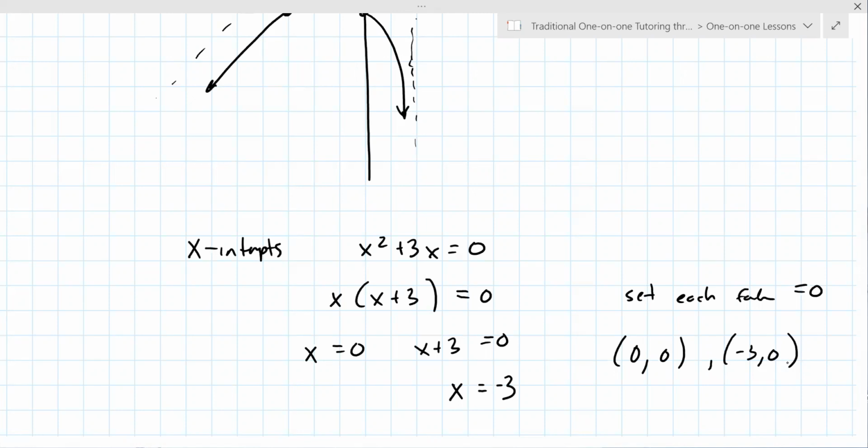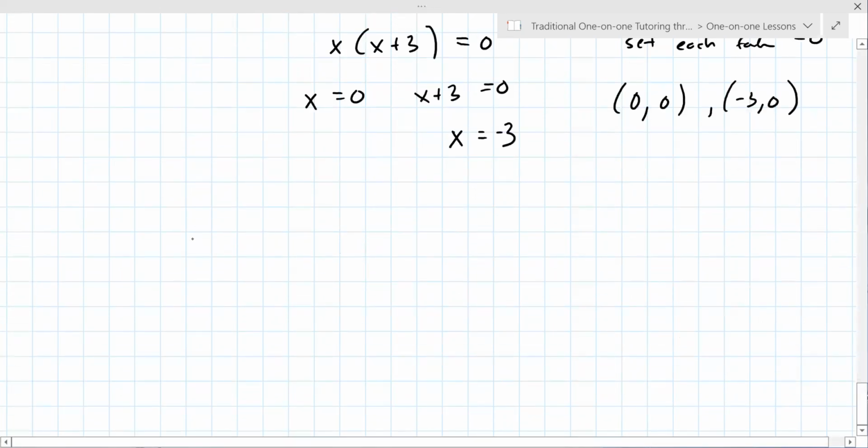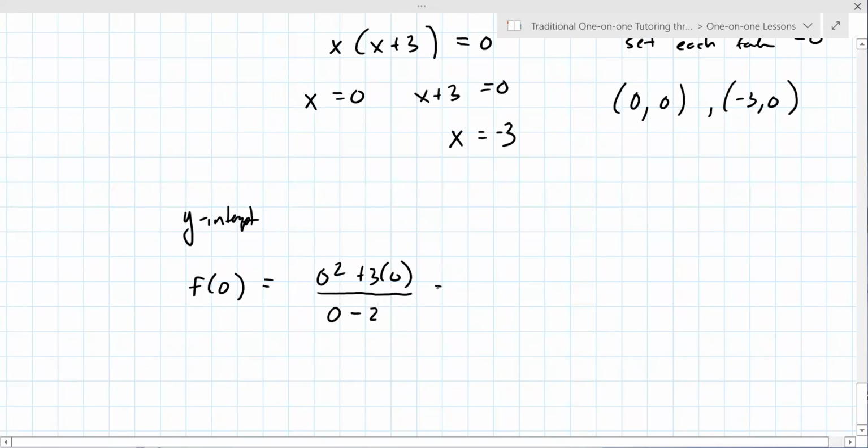The y-intercept looks good, in terms of you substituted in 0 for x. That was really good. You found f of 0, which was 0 squared plus 3 times 0 over 0 minus 2. In the numerator, you would have gotten 0 over -2, and somehow you wrote -2 instead of 0. That's the big issue with that one.